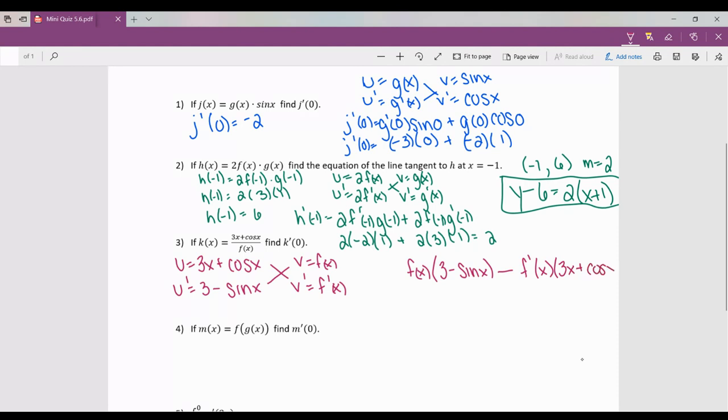I'm just putting the monomial out in front, which is the f of x and the f prime of x, instead of putting that binomial in front, over v squared, so f of x squared. Okay, now I'm evaluating it at 0, so everywhere I see an x, I'm going to plug in 0.